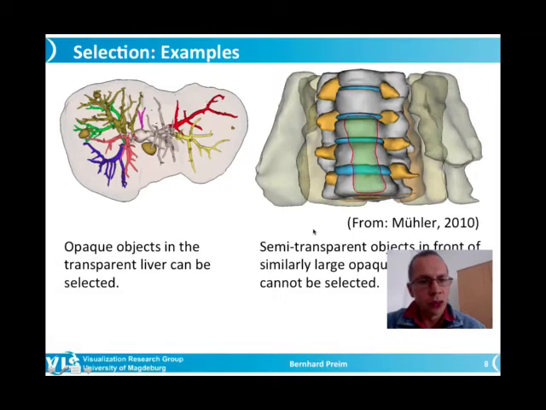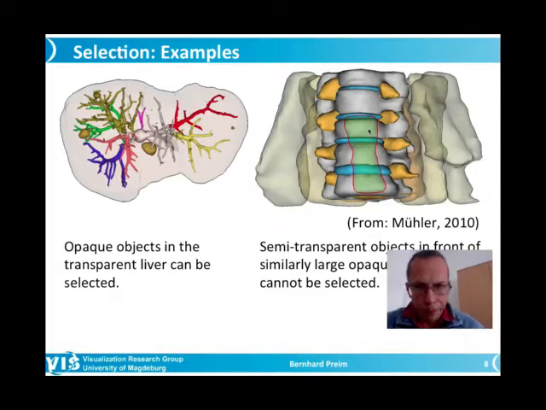That is a rare example, but if you have semi-transparent objects in front of similarly large opaque objects, there is no single point where you can select this structure. So that's bad. It should never happen that the user is not able to do what he wants to do. It may happen that it takes a bit more time and is a bit more cumbersome. That is acceptable, but it should be possible.